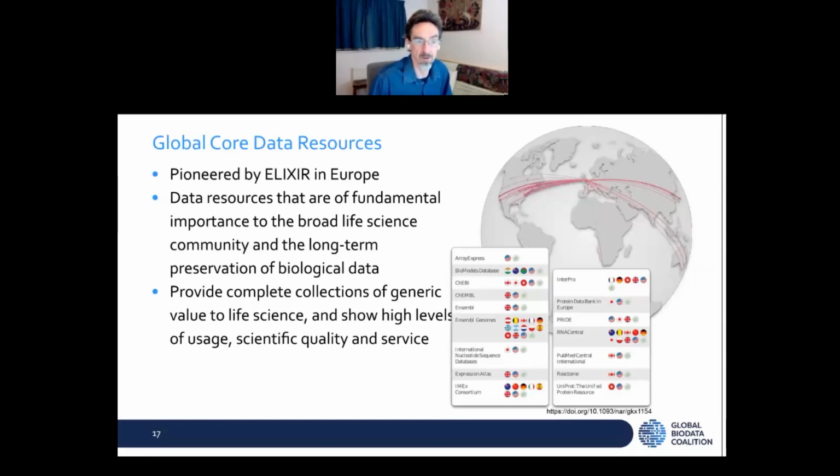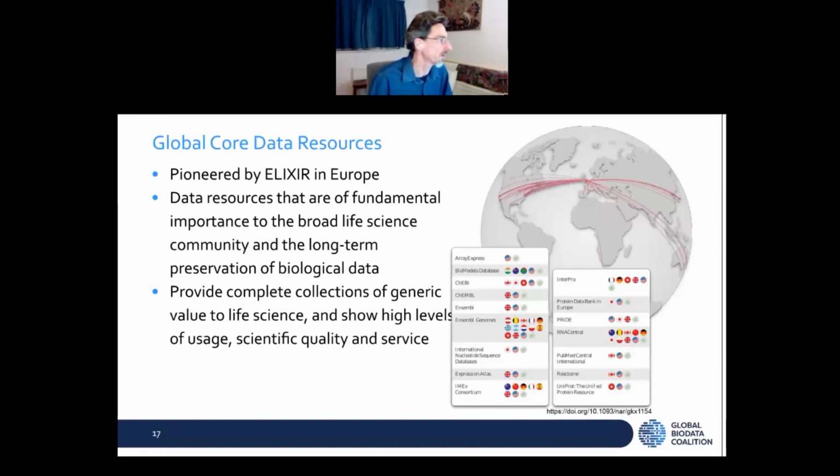So the core data resources idea was to come up with a set of data resources that are fundamentally important to the broad life science community and the long-term preservation of data.